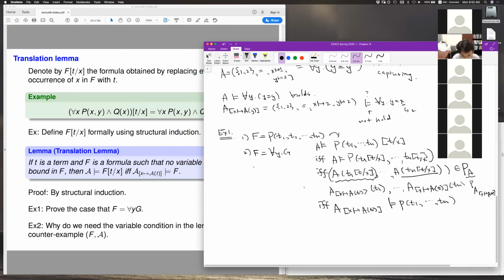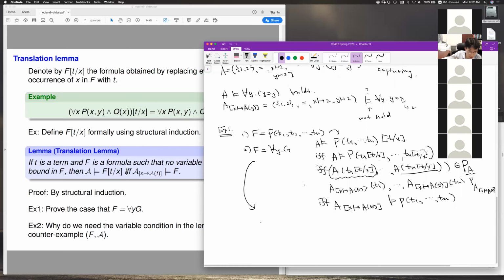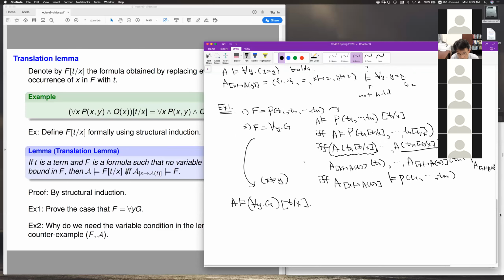Okay. So then the second case is a bit more challenging. But it's not that difficult, but it requires us to use the relevance lemma. So we do the replacement. So we have, say, A satisfies this formula, which is the universally quantified formula ∀Y G, where T replaces X. We're going to consider only the case where X is different from Y. The other case is very simple, so we won't consider it.